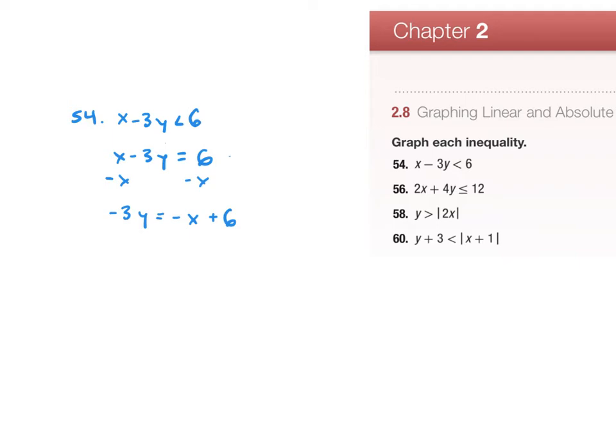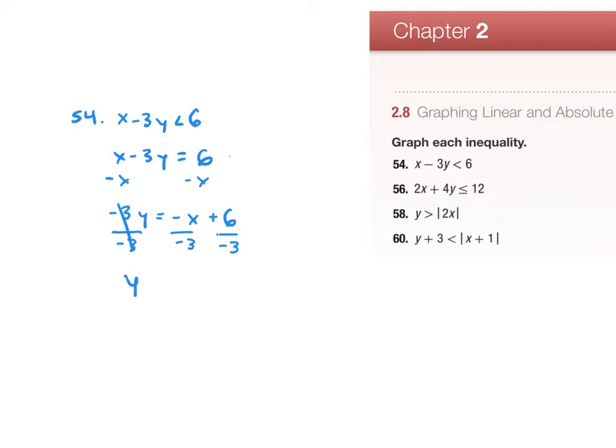We need y is equal to, so we need to move this negative 3. How do we move it to the other side? Perfect. We divide everything by negative 3. So since y was being multiplied, we do the inverse, so we need to divide. So it cancels out here.